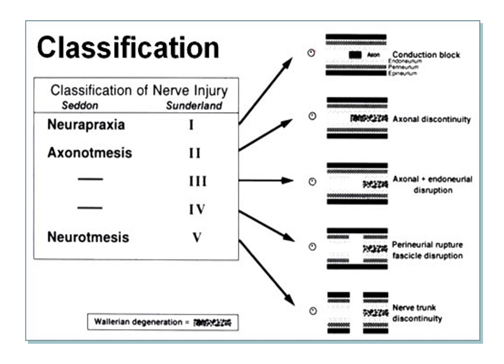So in the Seddon classification they say neuropraxia. If you are able to understand this one picture, it means your entire nerve injury is very clear to you. This line diagram explains the axon. Just observe this picture carefully.